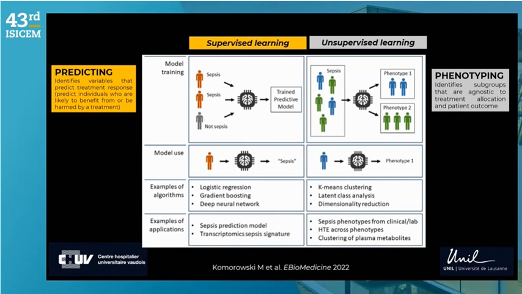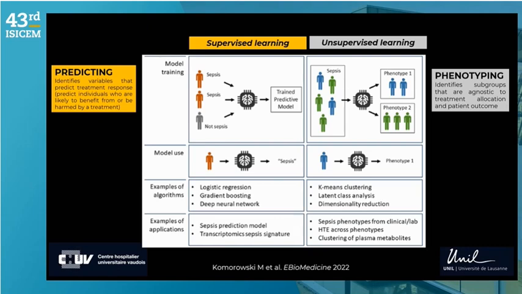On the left hand side, you have the so-called supervised learning, which is mostly focused on prediction, and so identifying, using a different set of variables, what can predict treatment response or predict individuals that may benefit from an intervention versus those who may actually be harmed.